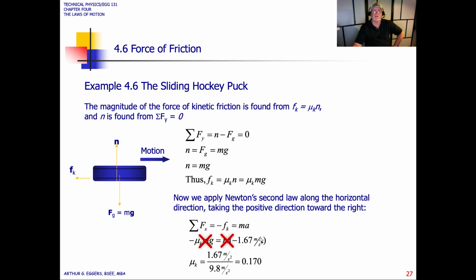Cancel, cancel. We don't need the mass of the puck. So we're left with just the coefficient of kinetic friction, mu k, is equal to 1.67 divided by 9.8 meters per second squared, the acceleration in the x direction divided by the acceleration of gravity, and we get a coefficient of kinetic friction of 0.17.